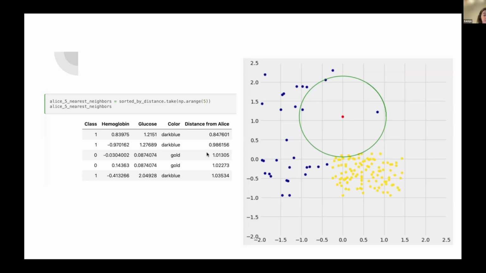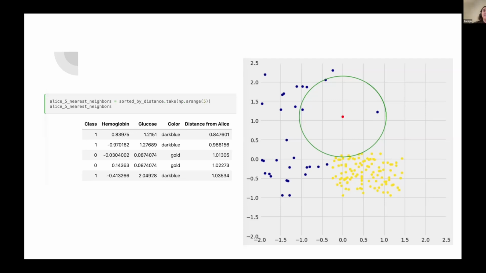But there are 2 that are gold, which you can see in the table as well, which can be a little confusing. But based off the fact that the top 2 closest are dark blue and have the disease, we would predict that Alice would also have the disease. So in the end, using one nearest neighbor was enough to diagnose her properly, but if we wanted to be even more certain, it made sense to use more nearest neighbors.